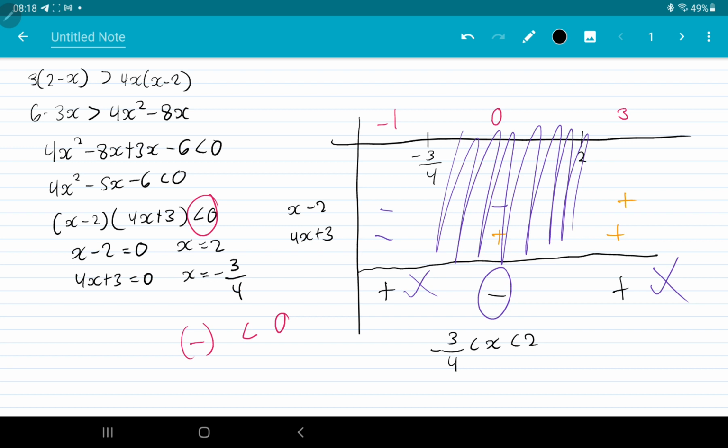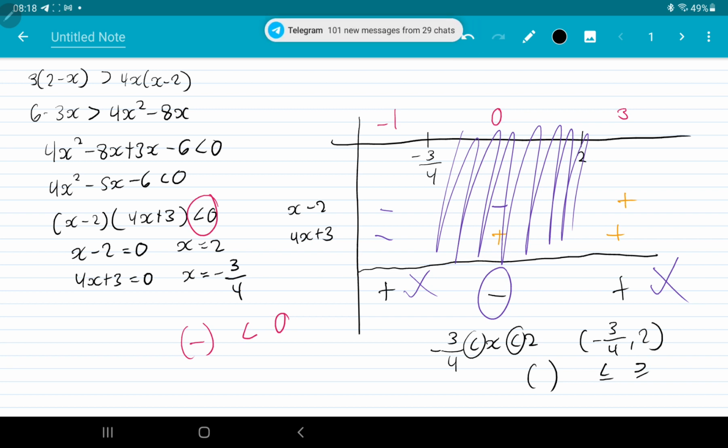We have two notations, which are interval notation and set notation. For interval notation, we could write bracket negative 3 over 4 and 2. Remember, for this kind of inequality sign we should use this kind of brackets. If the inequality sign is equal to, then we should use the square brackets.